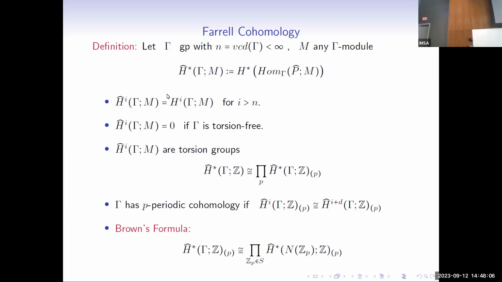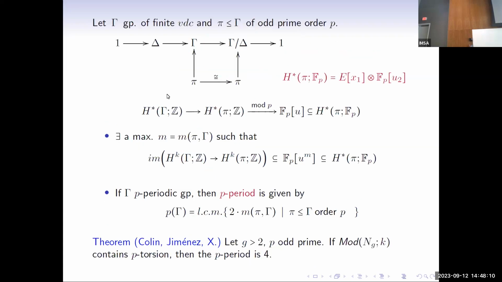All right. So now, in the periodic case, there's a nice way to get the period, and it goes as follows. Say that you're looking at this group gamma, right?